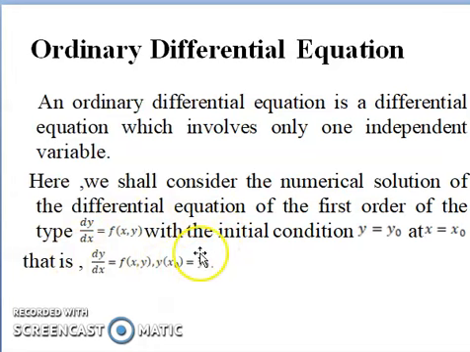So this is the format of the ordinary differential equation for which we find the numerical solution, with the initial condition y equal to y0 and x equal to x0.